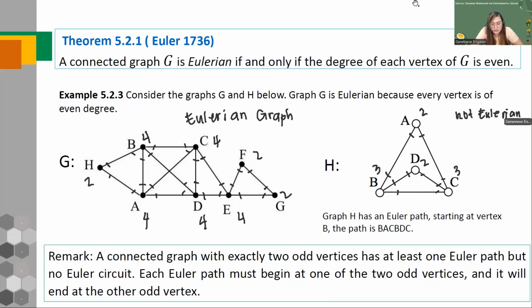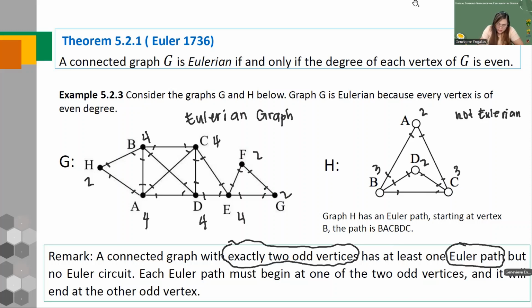Kung naay connected graph nga exactly 2 odd vertices, take note class, exactly 2 ra gyud. No? Exactly 2 pasabot duha ra gyud. Maka-form daw ka og Euler path nga mag-start ug mag-end sa duha ka odd vertices. So mag-start sa isa ka odd vertex, then mag-end sa isa pa gyud ka odd vertex.